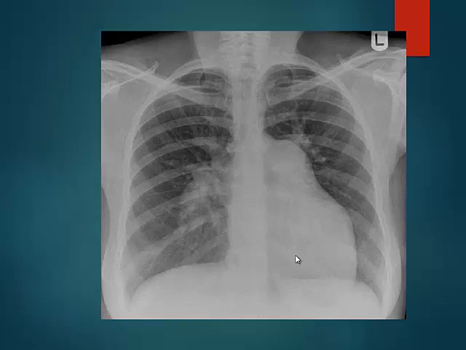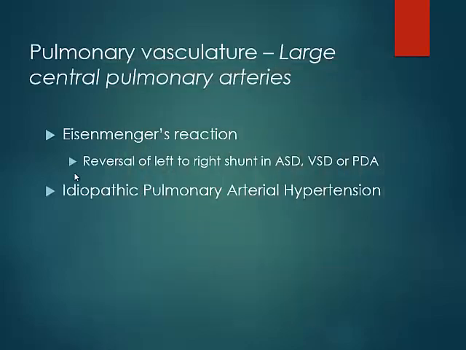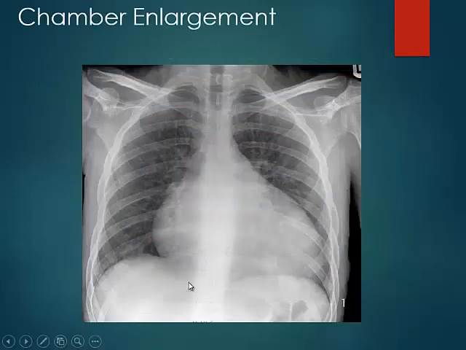So a left-right shunt from ASD or VSD or PDA that has gone untreated, and the patient develops reversal of the shunt, to a right to left shunt. That's called Eisenmenger's. Dr. Mike Rubins is going to speak about congenital heart diseases on Saturday, and he's going to touch on this. But there are only two conditions that would cause massive enlargement of the central pulmonary arteries like this: Eisenmenger's and idiopathic pulmonary arterial hypertension.